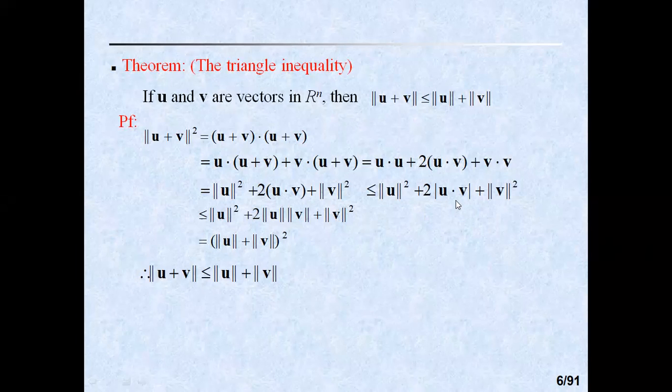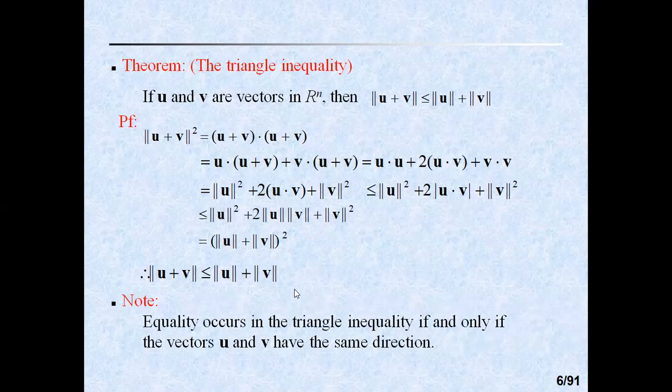By using the Cauchy-Schwarz inequality, modulus of u dot v is less than or equal to norm u norm v. Therefore, this is in the form of a square plus 2ab plus b square, that can be written as a plus b whole square. Therefore, norm u plus v is less than or equal to norm u plus norm v.